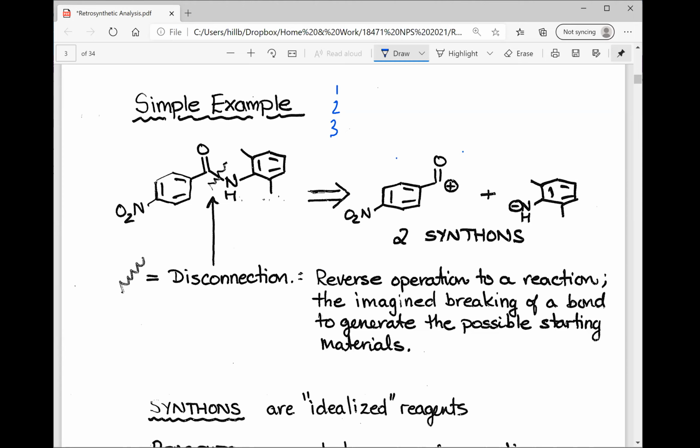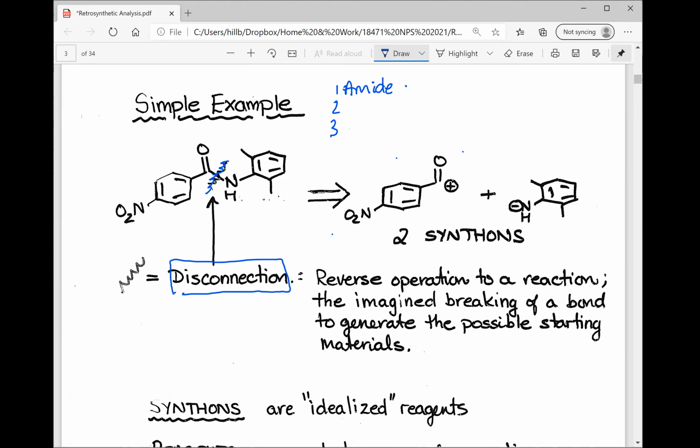The way these things are done is a little squiggly line is drawn through the bond that you want to break. And this will be what we call the disconnection. So we are going to disconnect between the nitrogen and the carbonyl of the amide. And so this is going to generate 2 synthons from this.